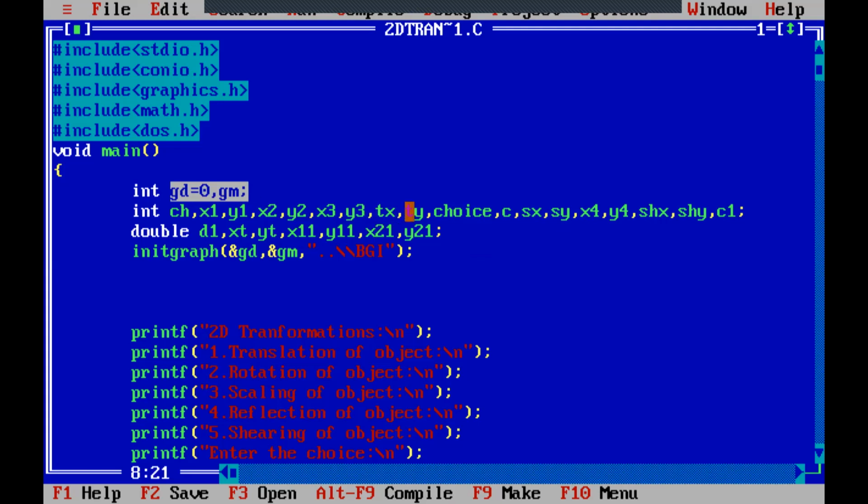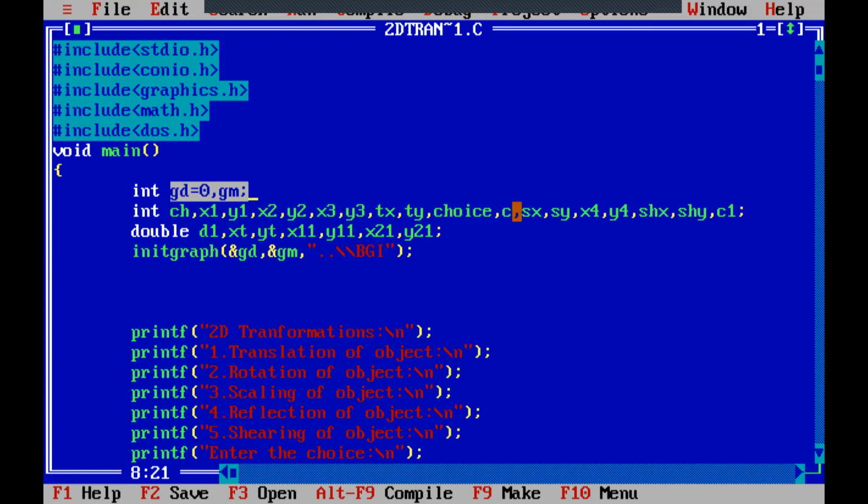Then tx and ty are the translation factors along x and along y. Then choice is taken because for all the transformations I am using a switch case, and the choice is entered according to the transformation you want to do, and that's why choice is taken from the user side.